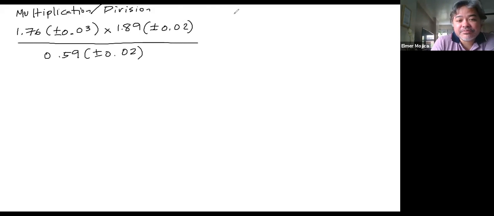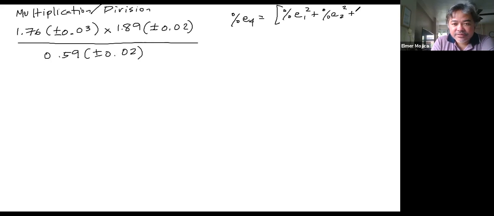So we could say the percentage of E4 is equal to the percentage of E1 squared plus percentage E2 squared plus percentage E3 squared.